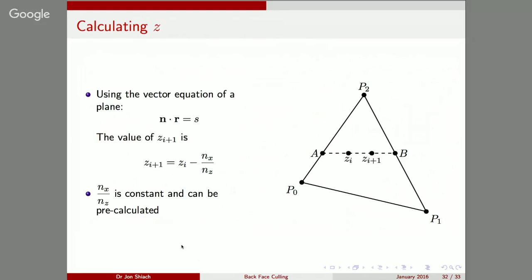Now the z coordinate is slightly different. Now we're doing z-buffer, so we need to know what a z coordinate is. I know on a display you've only got x and y, but we're imagining there's going to be a depth to it. So I'm just going to remind you, or delve back into the realms of vector equations.